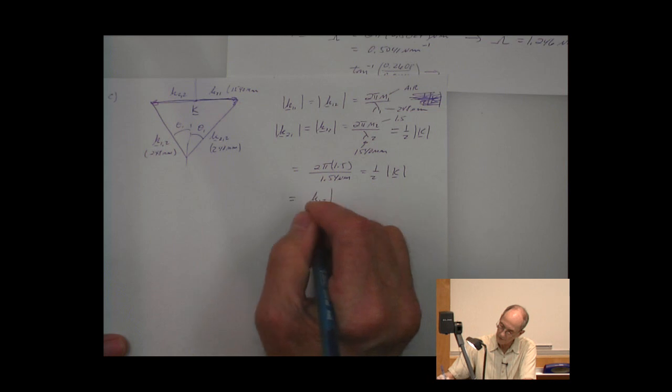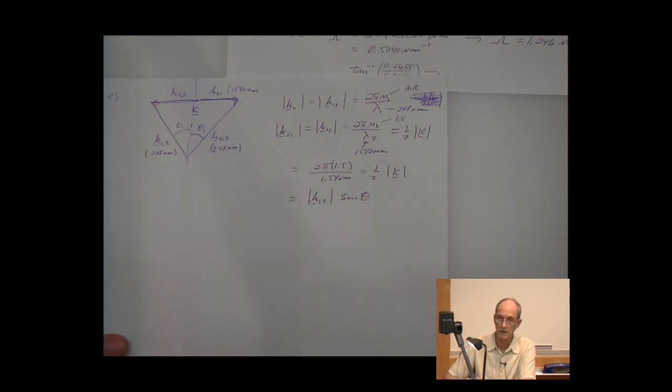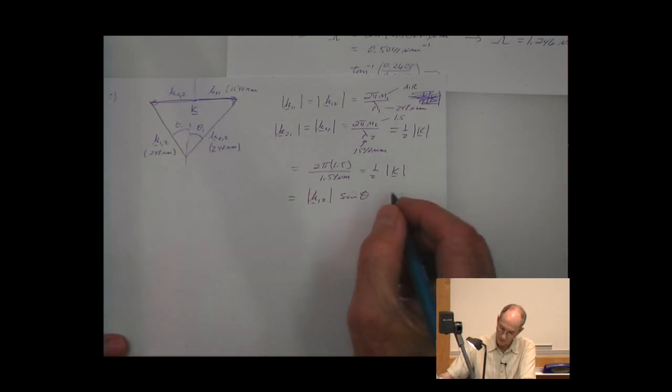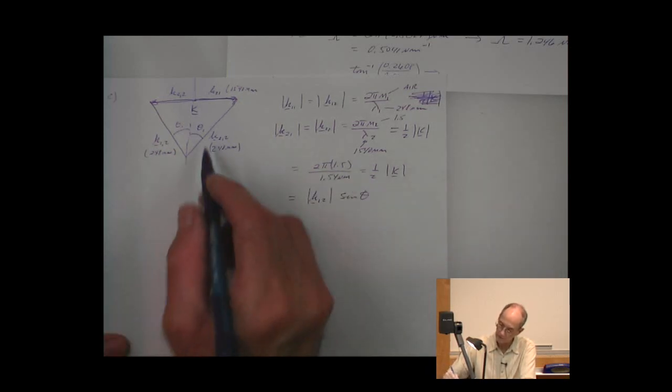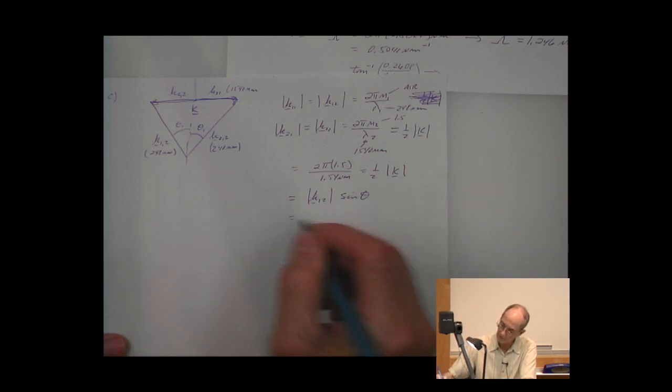K12 magnitude times the sine of the angle in air, that we need at the 248 construction, okay? So here again, we don't have to multiply out the 2 pi's. I usually don't like to do that unless I have to.